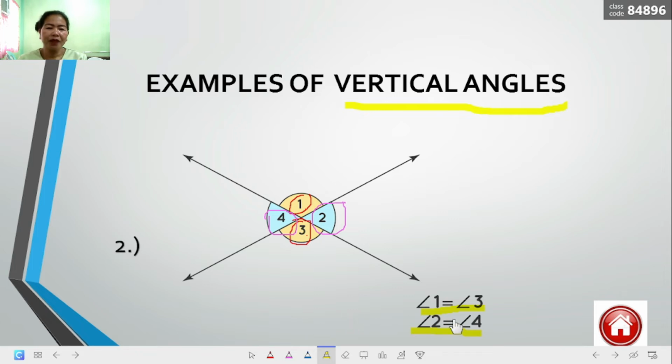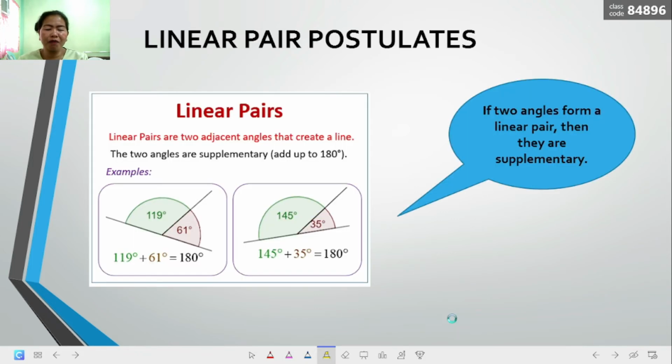Okay, let's proceed to the linear pair postulate. Just recently I told you that I would show you a postulate regarding linear pairs and vertical angles. The linear pair postulate states that if two angles form a linear pair, then they are supplementary.